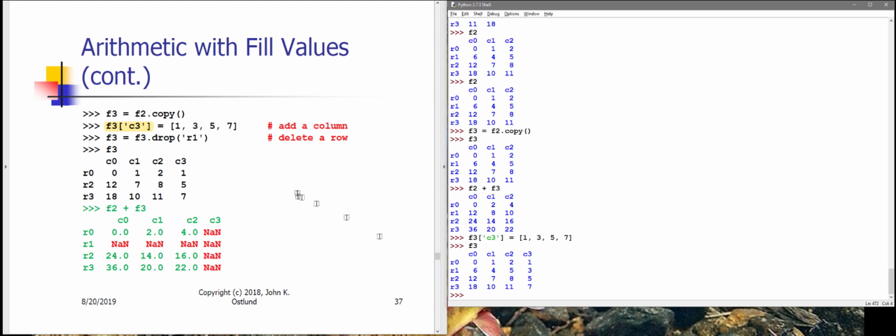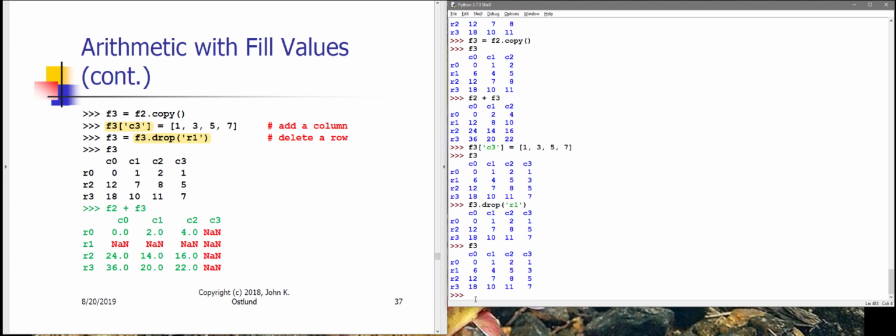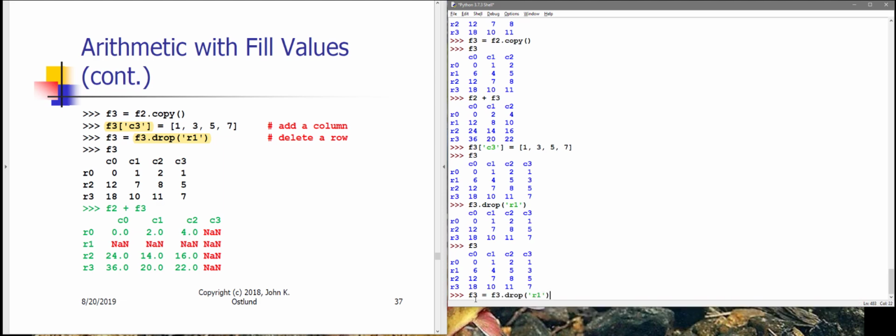And to make things even a little more different, let's try dropping row R1 from F3. Now if I just say F3.drop R1, that returns to me a revised copy of F3, but it doesn't actually modify F3. So I also need to say F3 gets F3.drop R1.